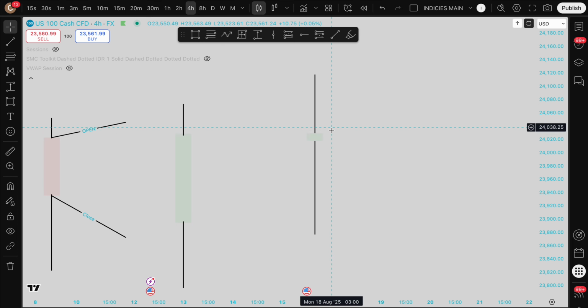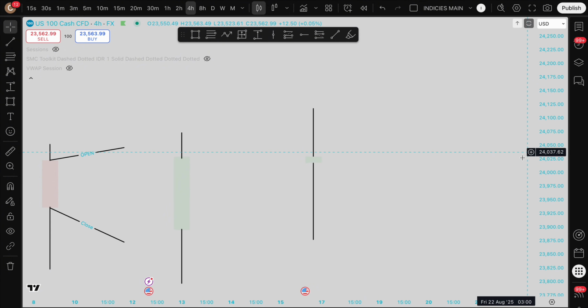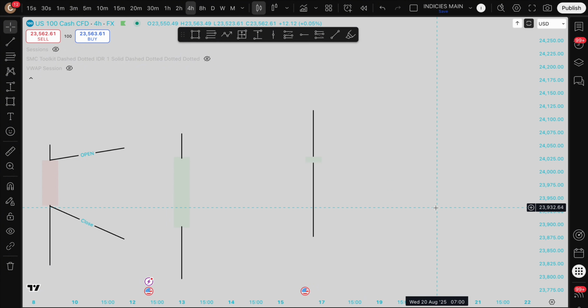That means price is undecided within that candle. Does that make sense? The buyers aren't winning, and the sellers aren't winning. This is usually used when, like I said, price is undecided, or if price is about to flip.